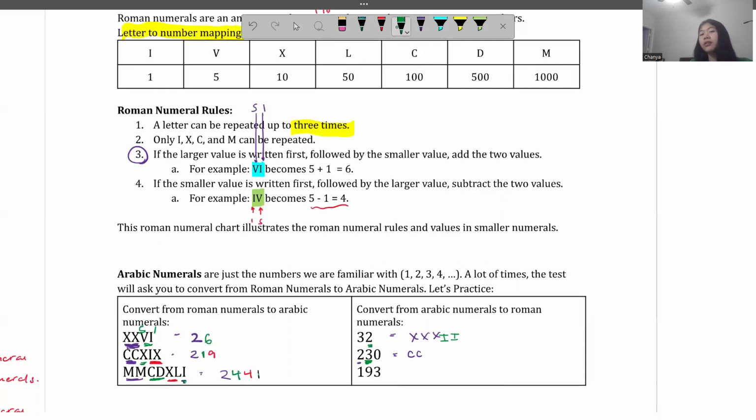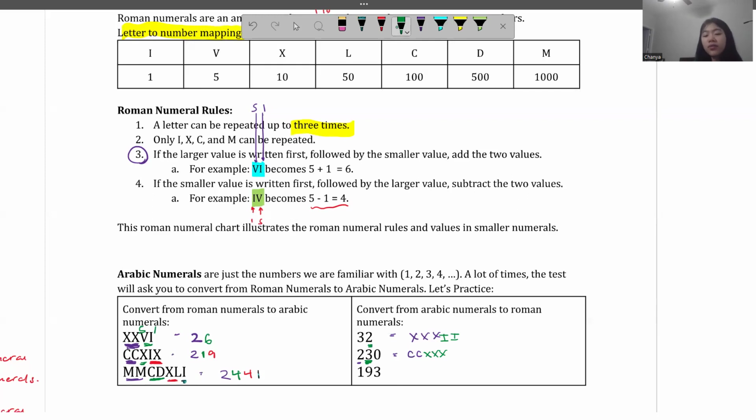Since you know the value of X is 10, you would just write 3 X's to represent the number 30, because 3 tens gives you the value 30. And then for your units digit, that's just a 0, so you don't have anything else to worry about. So that's your Roman numeral representation.